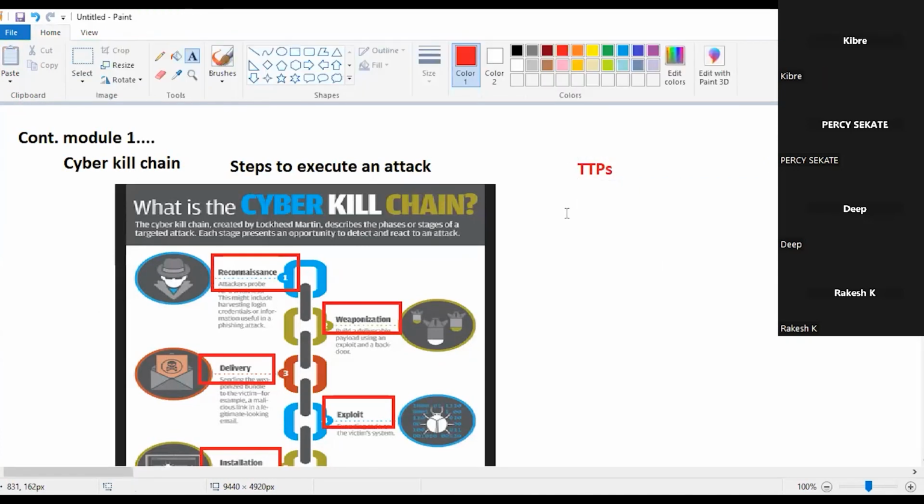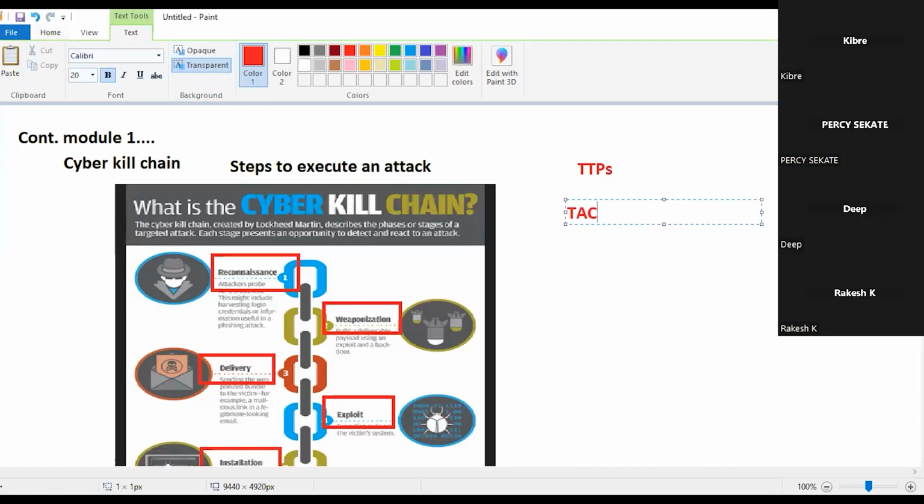First is tactics. Techniques, procedures.